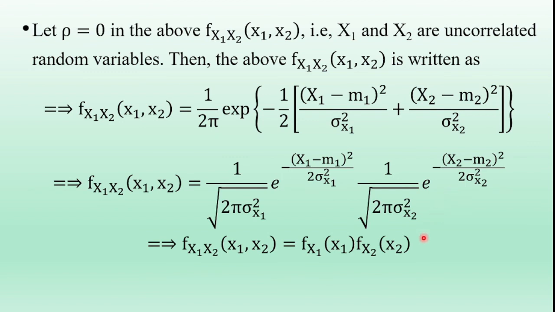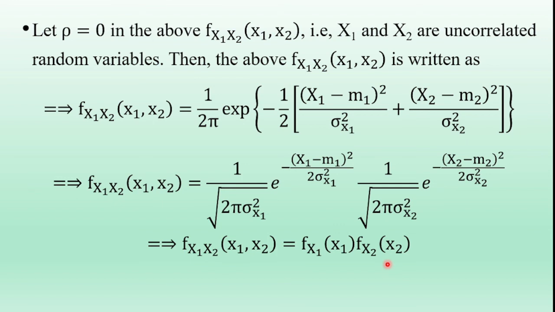So that is f x1 of x1 into f x2 of x2. This means that if rho is equal to 0, the joint density function is equal to the product of their individual density functions. That is, f x1 x2 of x1 comma x2 is equal to f x1 of x1 into f x2 of x2. So this indicates the random variables x1 and x2 are Gaussian and independent.